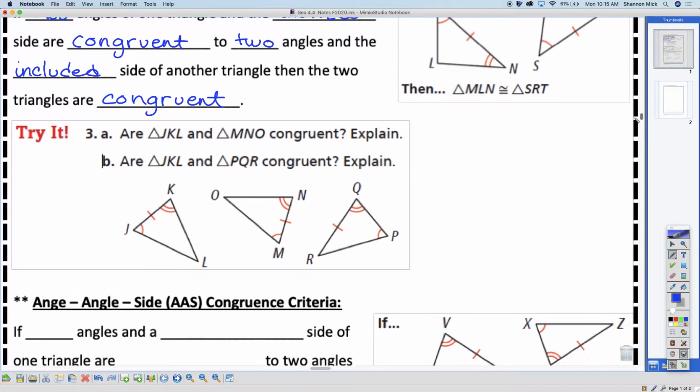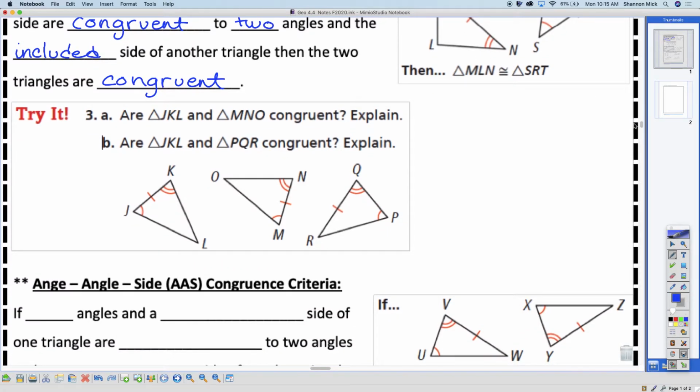So are J, K, L, and M, O, N congruent? Yes. So I have, and it says explain. So we know that angle J is congruent to what? Angle M. How do you know that? One line. And I know that angle K is congruent to, that should be a capital J, shouldn't it?